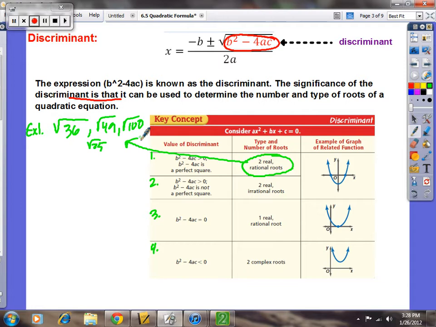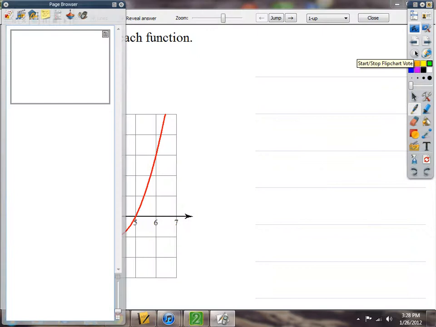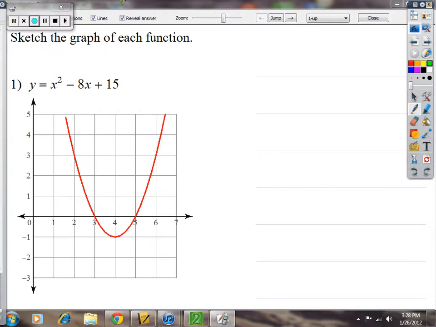And what that's going to look like is this. You're going to have a parabola, and it is going to go through the x-axis 2 times, once right here and once right here. So look at this guy, x squared minus 8x plus 15. If you graph that, it looks just like this.